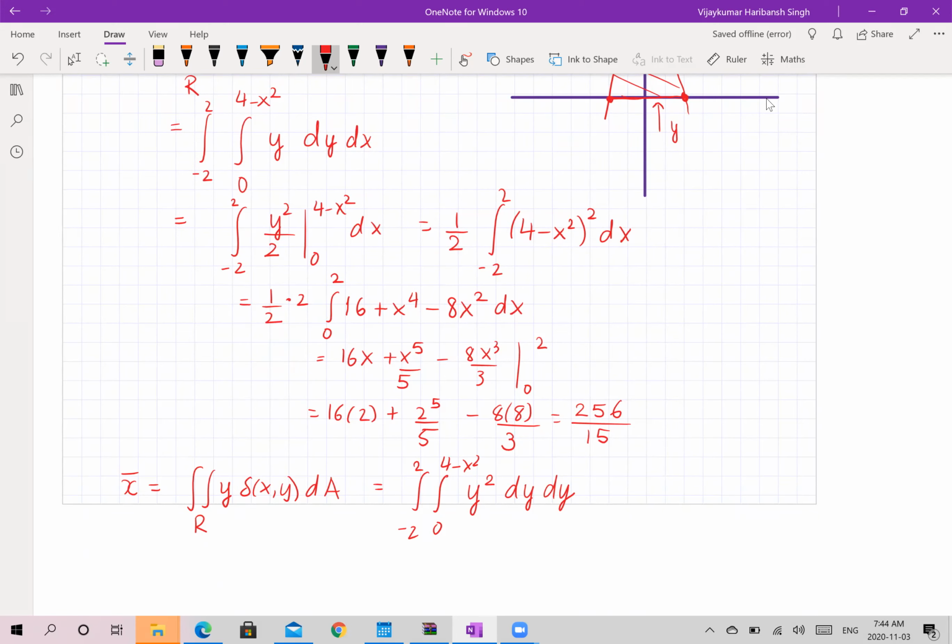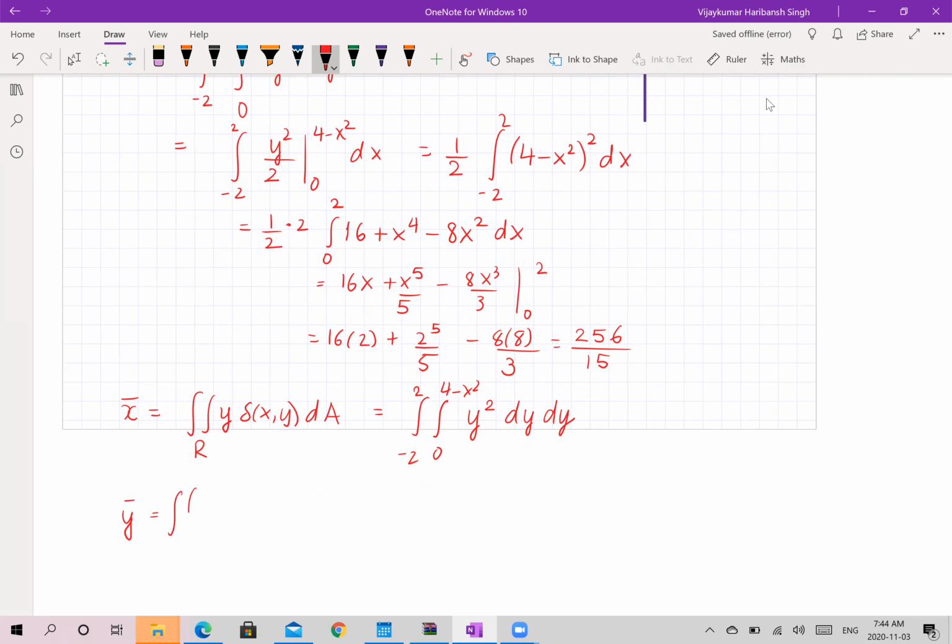Similarly, y bar is the integral over R. I'm going to write down the region now directly, from -2 to 2, 0 to 4 minus x squared, of x y. My apologies, this should have been dy dx.